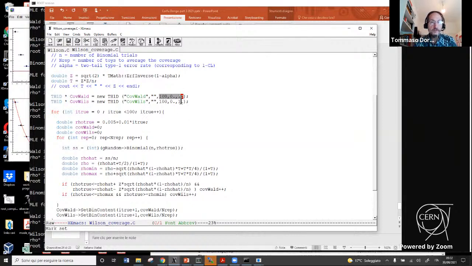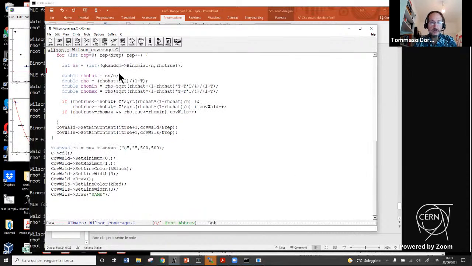We loop over 100 possible values of rho, i true from 0 to 100, and rho true is this value. And then we do repetitions of toys where we generate data according to a binomial. So the number of successes is actually sampled from a binomial. And we do our studies of the intervals, and then we check whether the true value is within the measured intervals for Wald and for Wilson, and we plot it, okay?